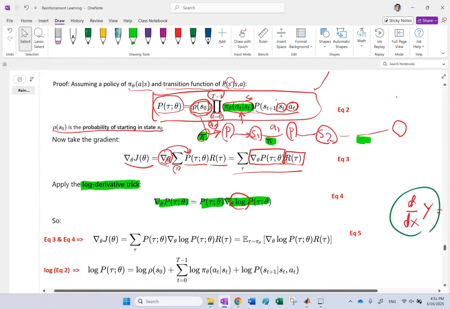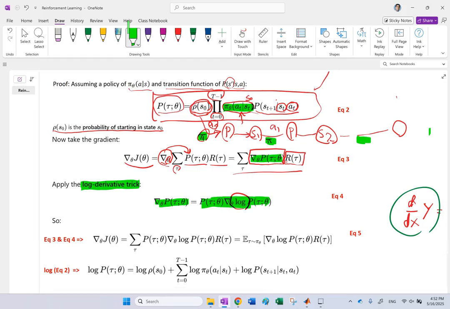And this is what you did here. Instead of this term, I wrote it as this term on the right-hand side. If I do that, then my Jacobian, my gradient of the cost function, is the summation over tau of, for that del of p, I replace it with p del of log of p, and that r, I just write down here.